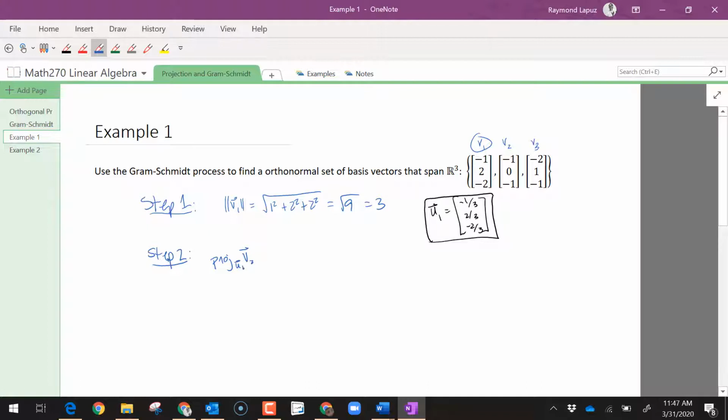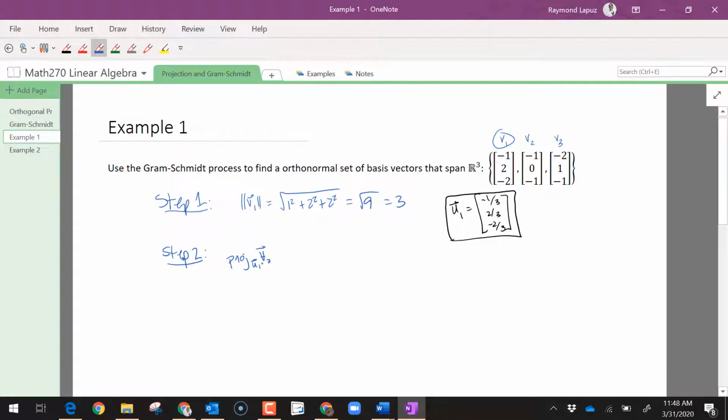Now, one key, because u1 is a unit vector, we can do the dot product here. But let's do the projection. According to the formula, it's going to be the dot product of u1 and v2, and then we're going to multiply that by the unit vector u1. So let's dot these two.